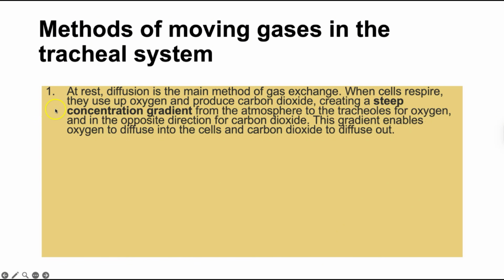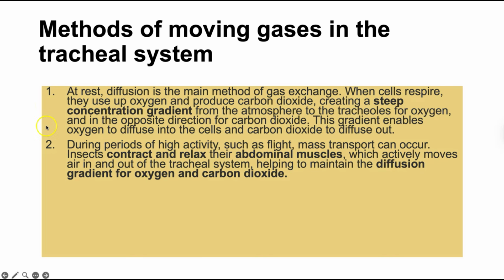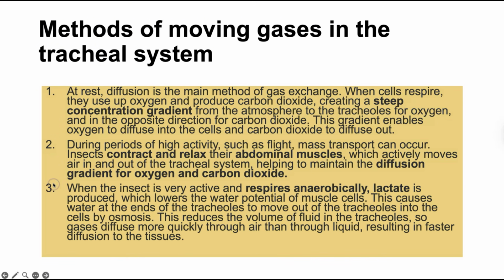So that is how the concentration gradient is maintained, is through respiration. And that's when they're at rest. During periods of high activity, so for example when they're flying, there will be mass transport of the gases occurring. So what happens in this case is the insect's abdomen will contract and relax, which actively moves air in and out of the tracheal system, and that helps to maintain the diffusion gradient.